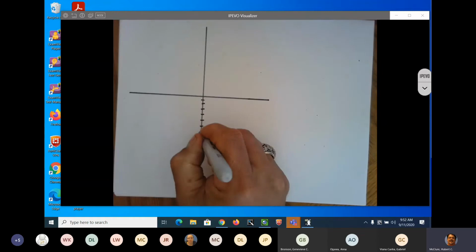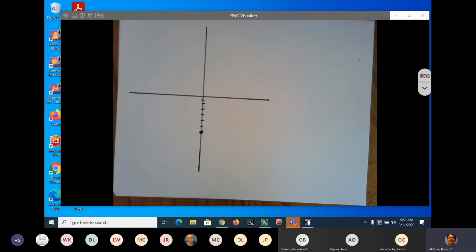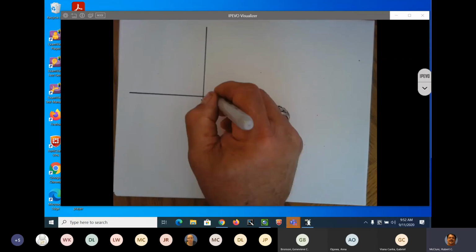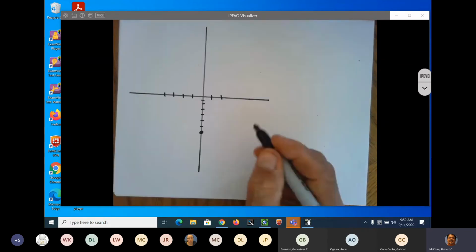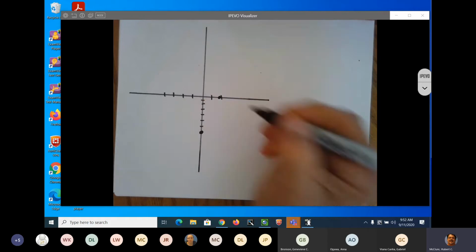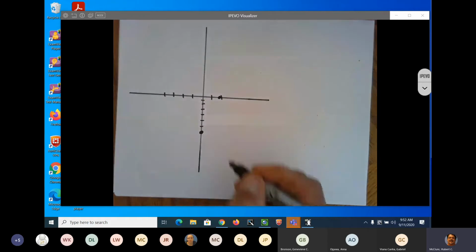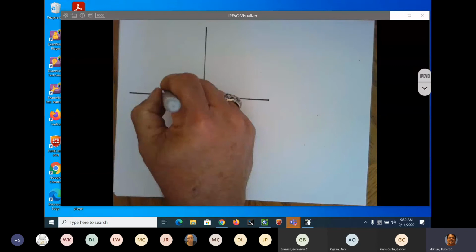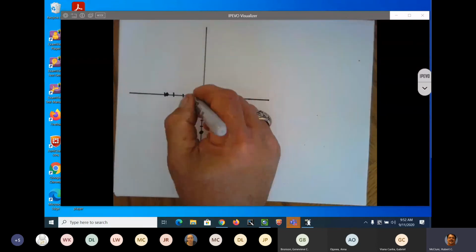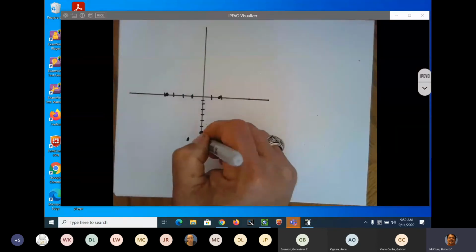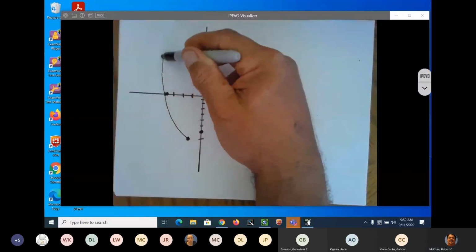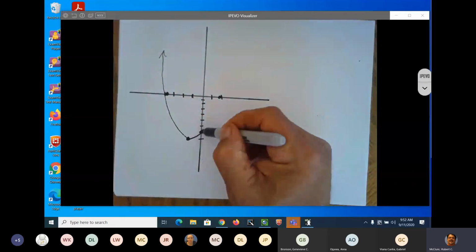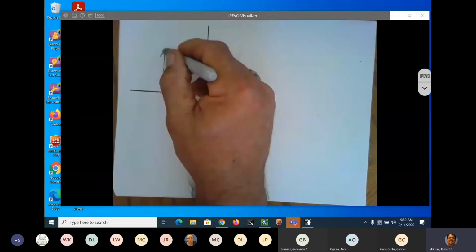Okay, so there is the negative 7. And then our x-intercepts are 1.82, so 1, 2, 3, 4. So 1.82 is about right there. And negative 3.82 is about right there. And our vertex is negative 1, negative 8. And here is your parabola.